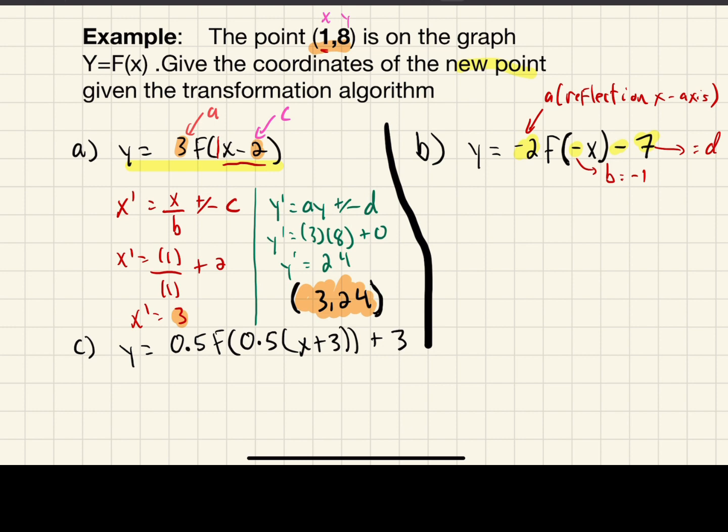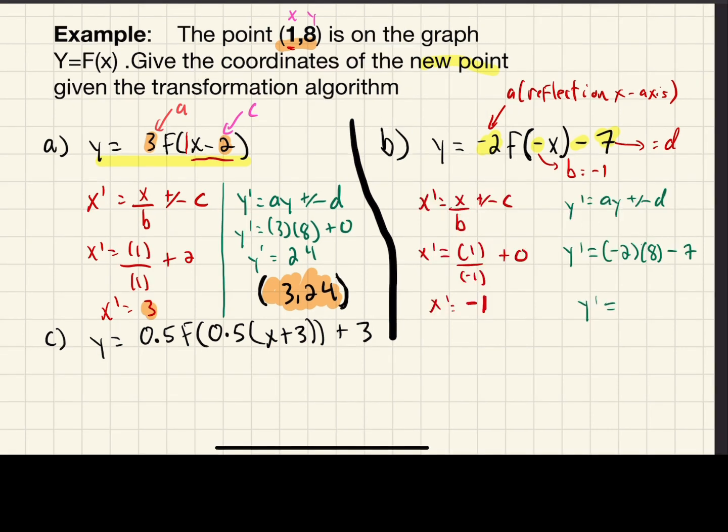So we're going to apply the same formulas for the x and the y as we did before. When we apply the x formula, we have 1 over negative 1 plus 0, since there is no c value, and that gives us the x value of negative 1. And then plugging everything into the y formula for the y prime, negative 2 times 8 would be negative 16, and negative 16 minus 7 is going to be negative 23.